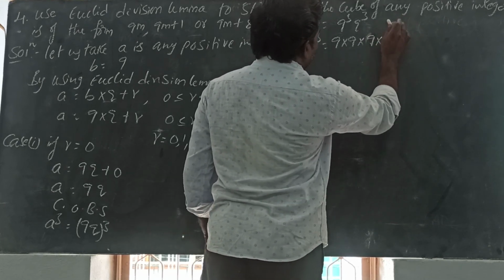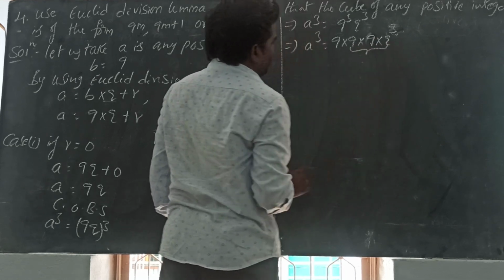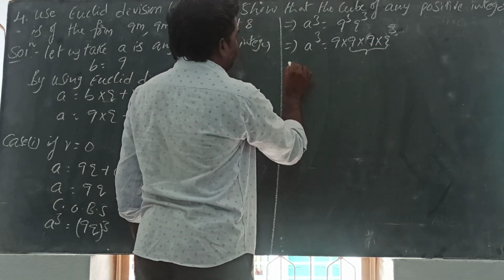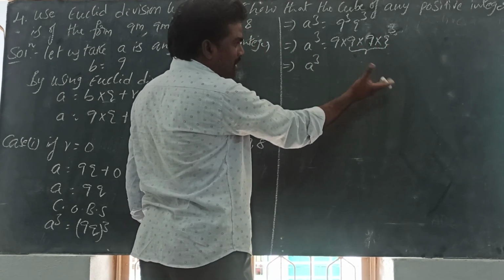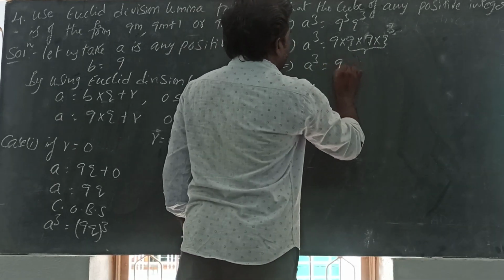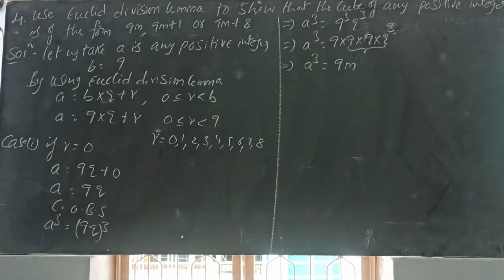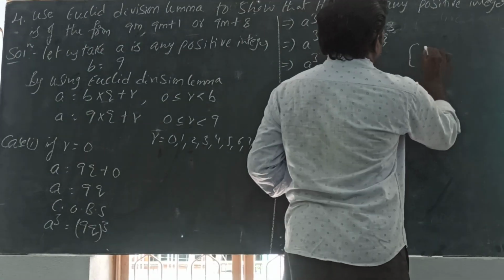So in the place of 9 into 9 into q cube, you can take as m. m is one positive integer. When the product, we get one positive integer. So in the place of the positive integer, you can put m, 9m. So the cube of a positive integer is in the form of 9m.